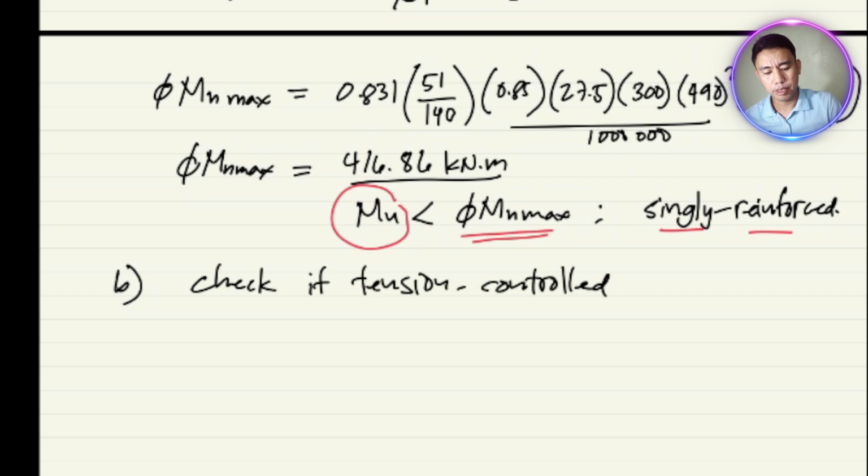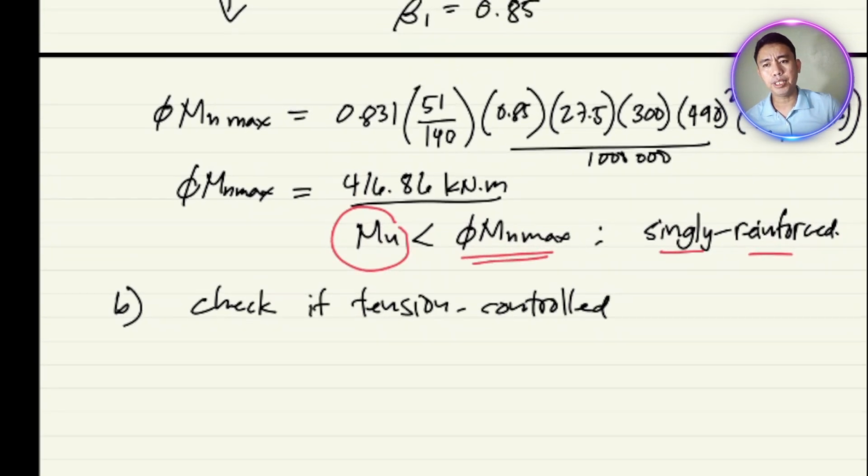Kasi nga mag-change yung value ng phi. Okay, kung tension control, phi is 0.9. Kung compression control, 0.65. And then in between yung formula na ginamit natin. Before, nag-add lang siya sa complication ng analysis.